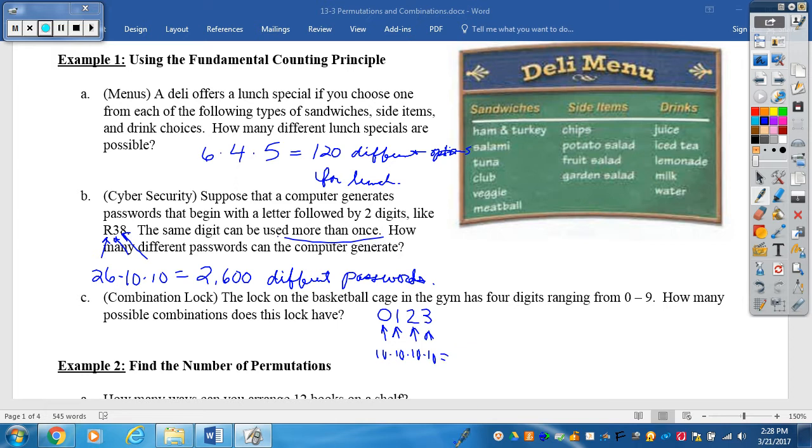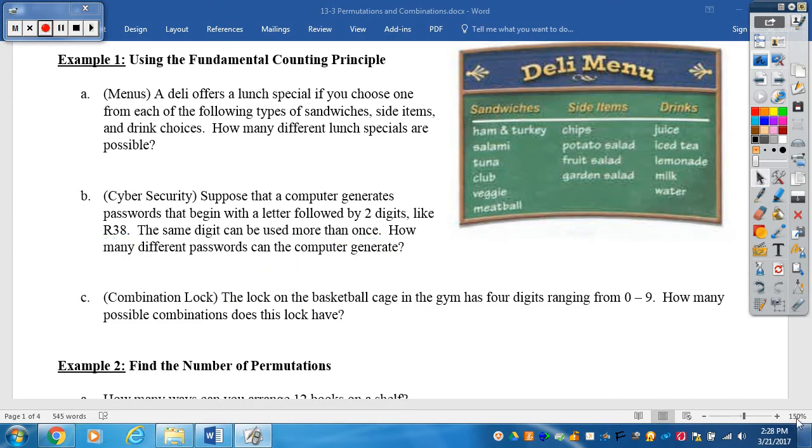So in the end, when you multiply those all out, just to protect the basketballs in the gym, there are 10,000 different possible lock combinations we could put down there. Okay? So, I feel pretty good, unless you know the combination. So, looking at the next section here.